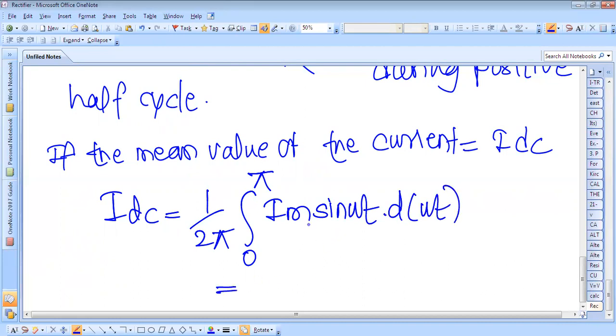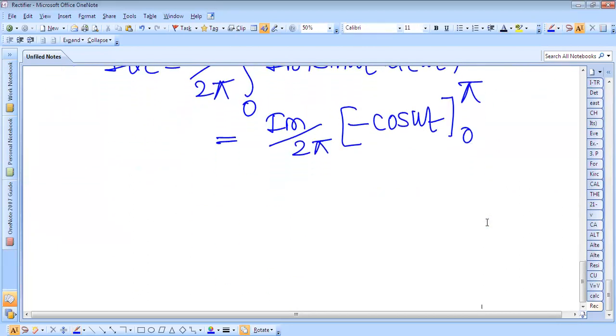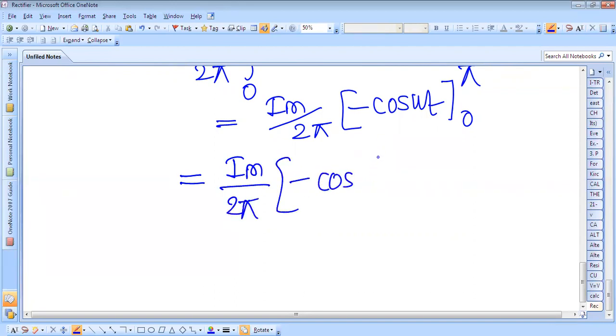Im comes outside, divided by 2 pi, and the integration of sine is minus cos omega t, with limits 0 to pi. Substituting the limits, we get Im by 2 pi times minus cos of pi, which is 180 degrees, minus minus cos of 0.